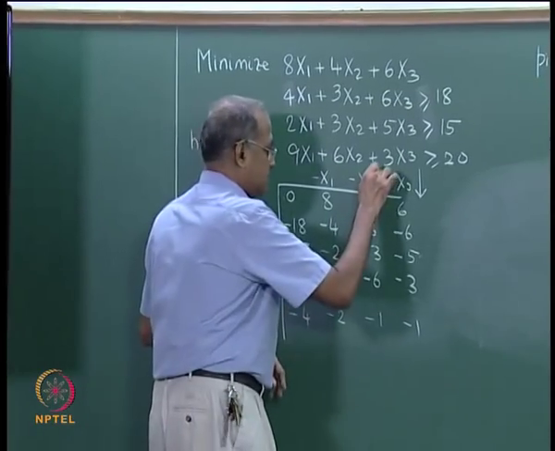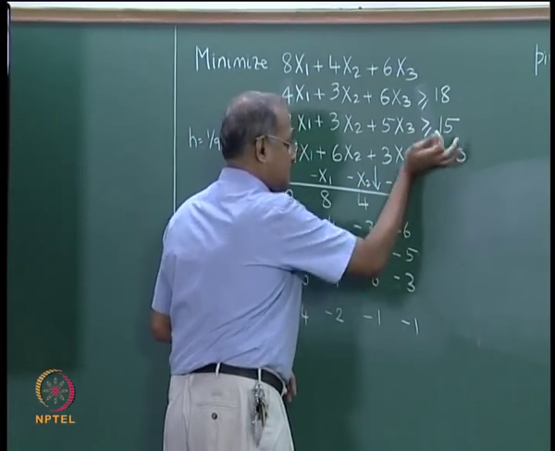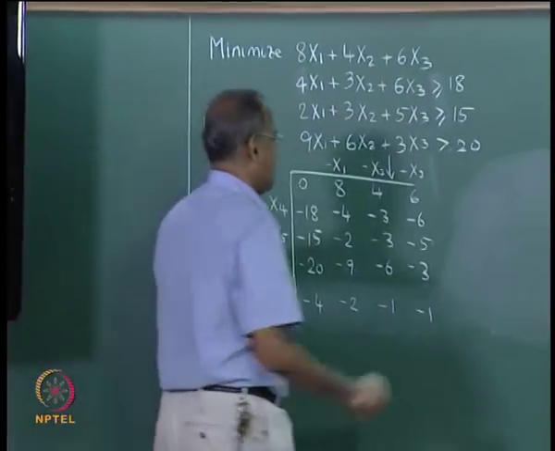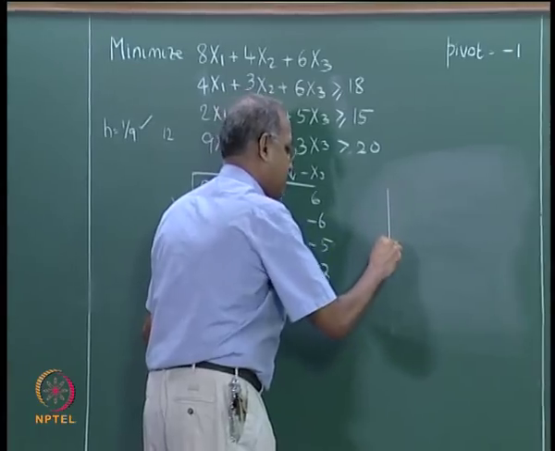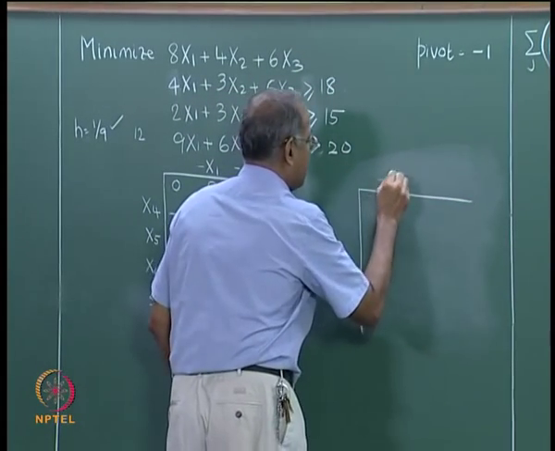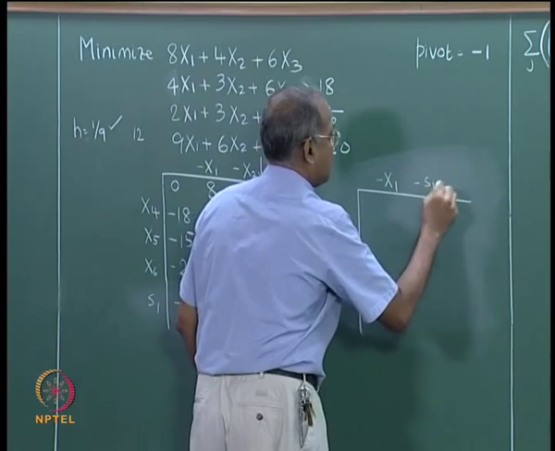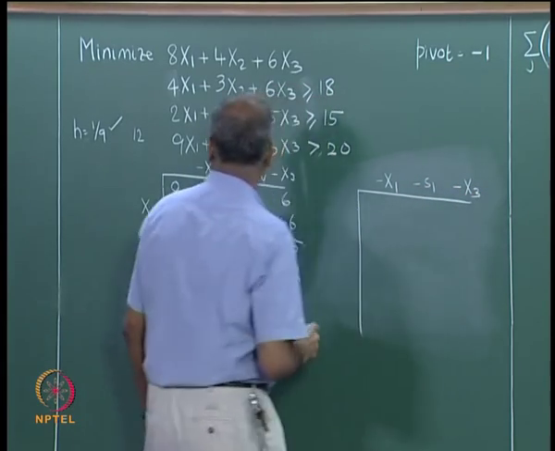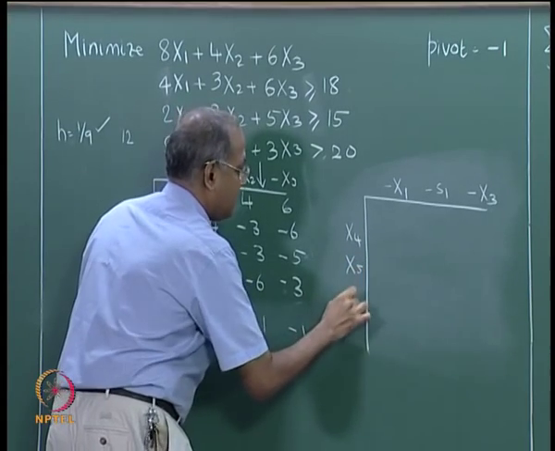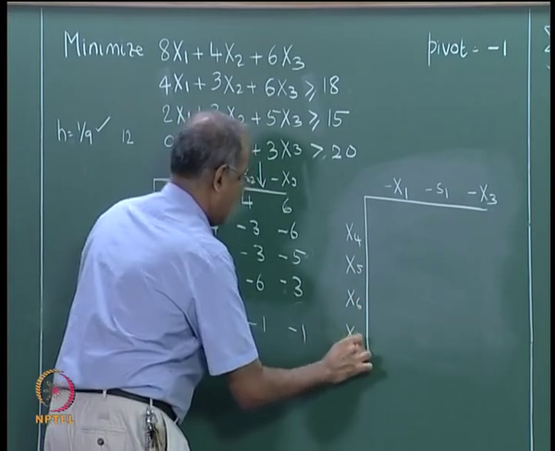So, we could do this, x2 enters the solution, and when we do this we also realize that you have minus x1, minus s1, minus x3, you have x4, x5, x6 and x2.